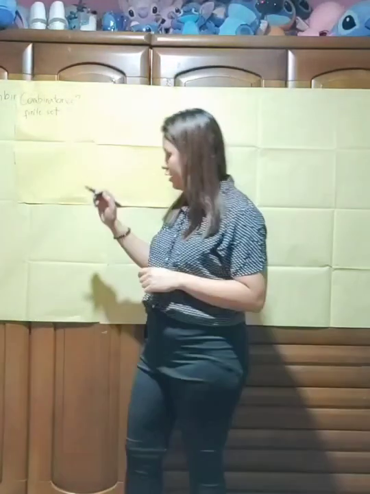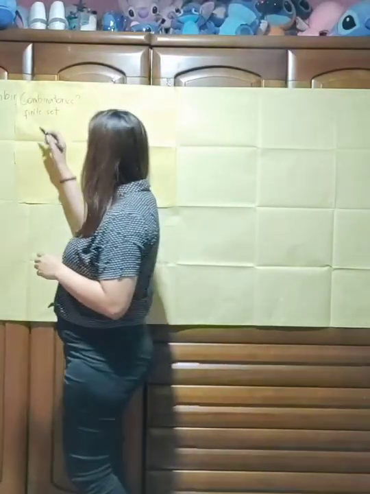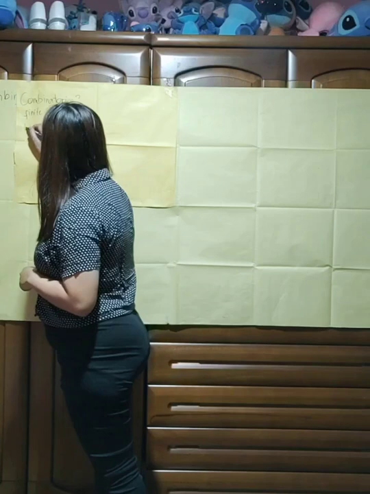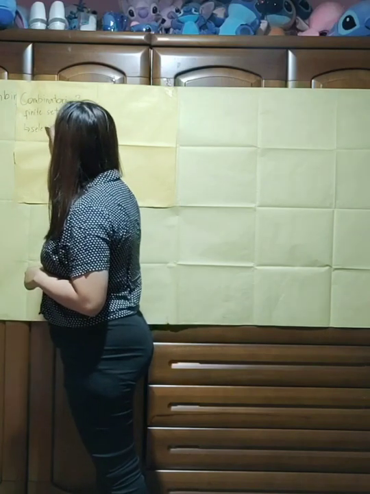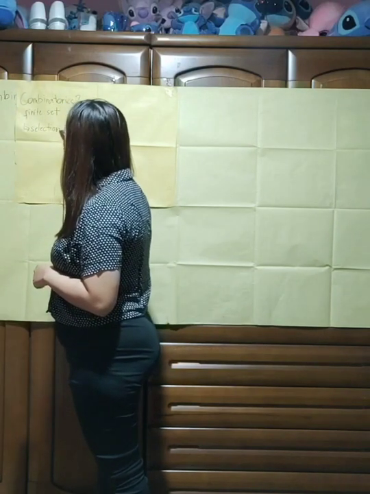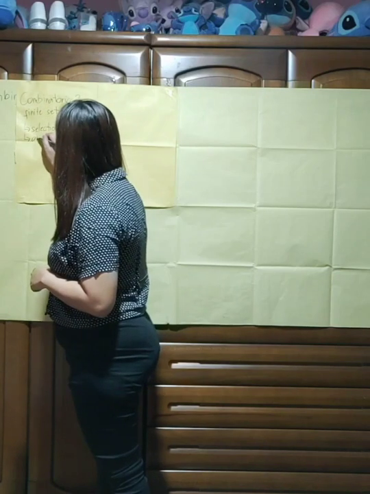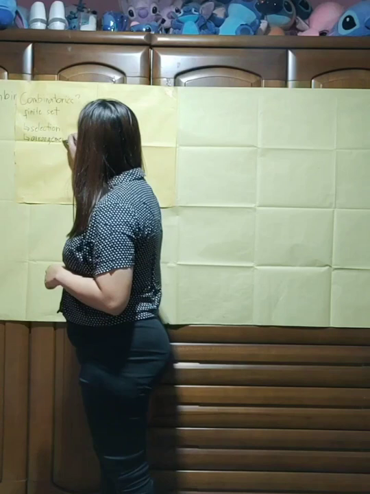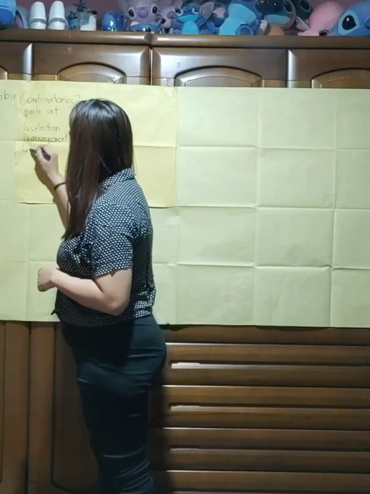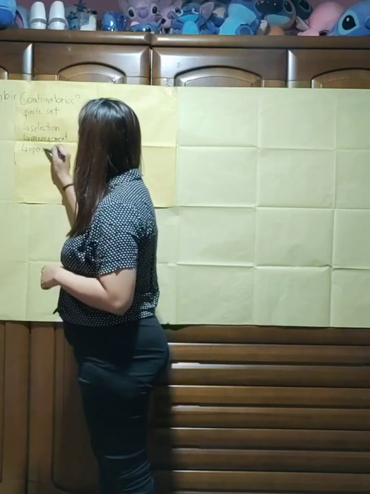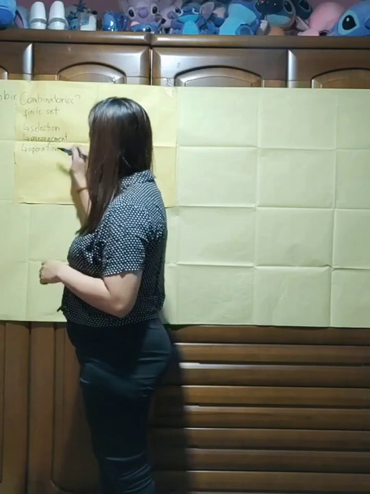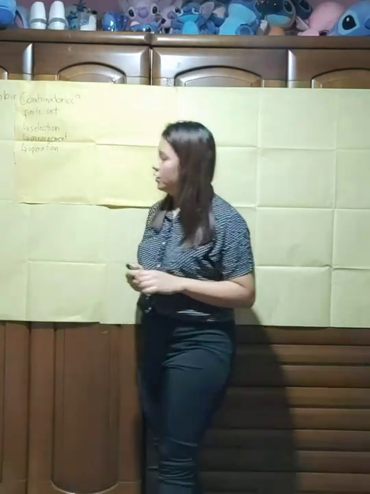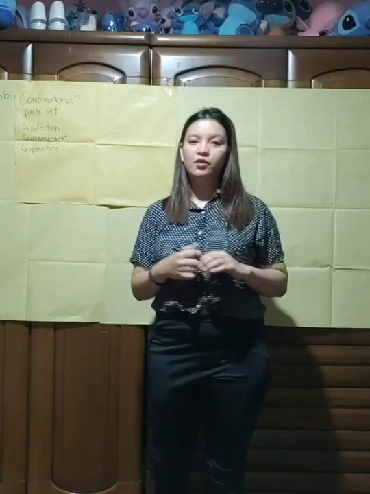So combinatorics is concerned with the selection, the arrangement, and the operation. Combinatorics has subfields.